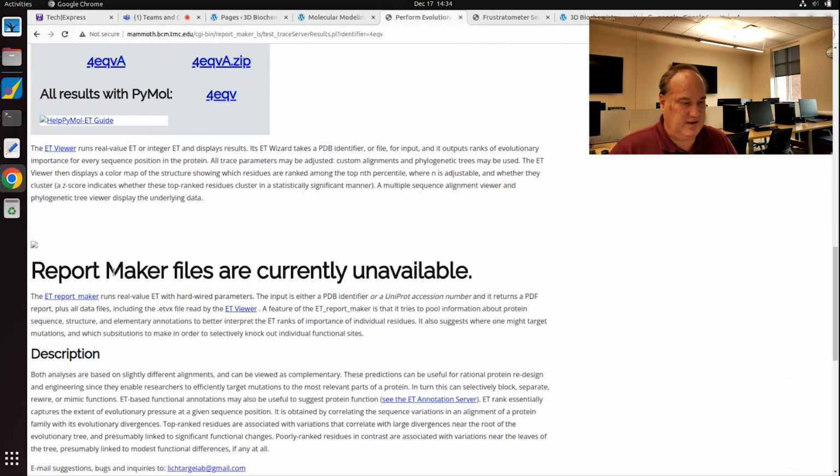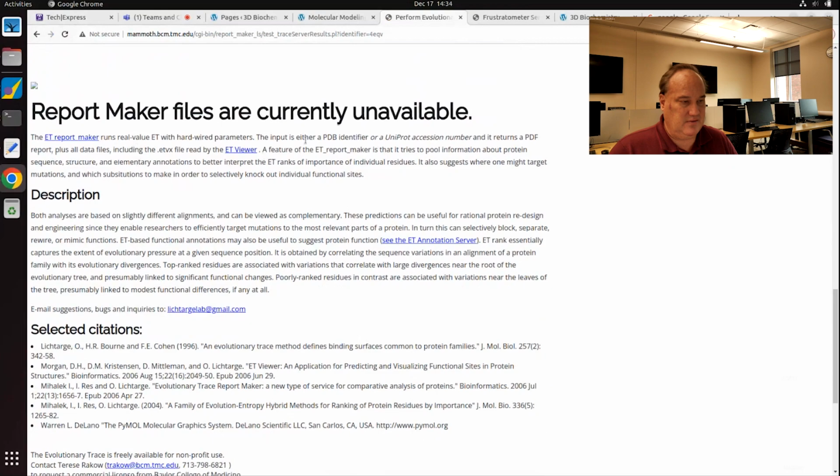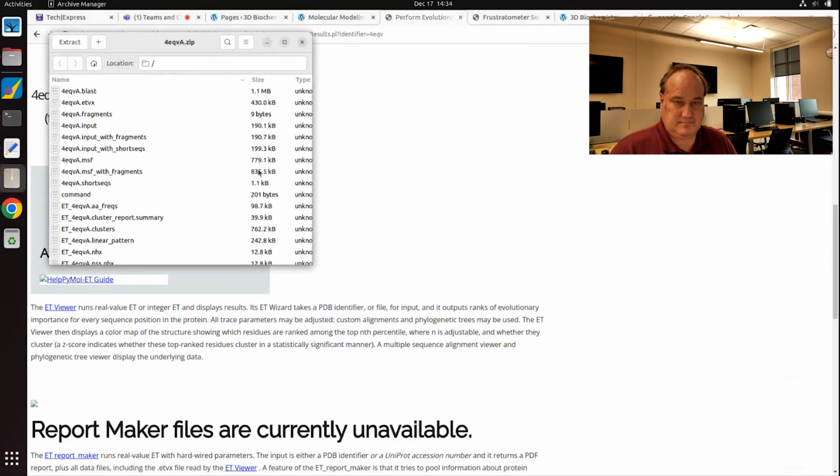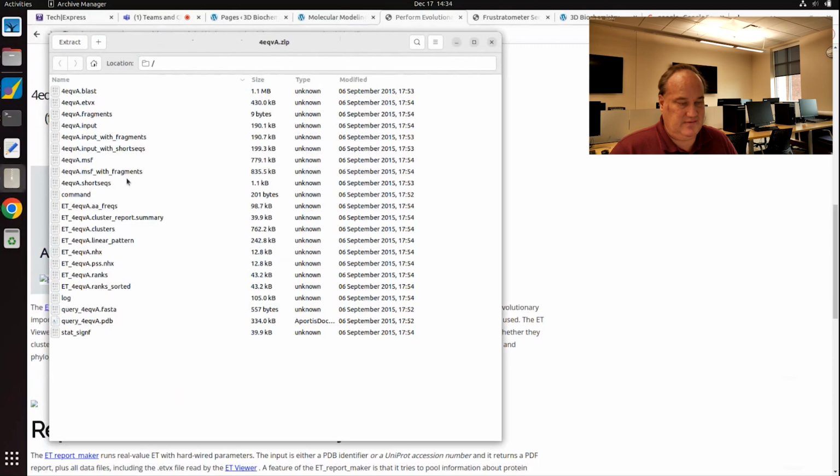There are two ways we can look at this. The first way, here's our trace over here. There's usually a report maker, but unfortunately right now we don't have that available. We can download our data files here as a zip file. It does a BLAST search, which is how it gets its multi-sequence alignment to compare against other things, and then it looks at the entire evolutionary database.